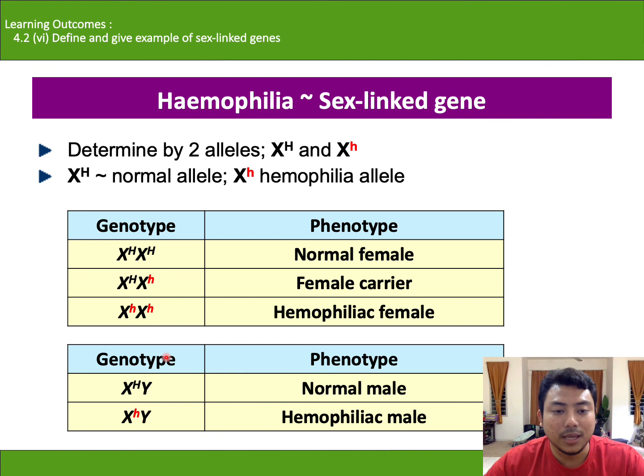However, a male is normal only if the X chromosome has the normal hemophilia allele. If it has the hemophilia allele, X with small letter h, he will suffer from the disease, because even a recessive allele will be expressed, as there is no counterpart on the Y chromosome.